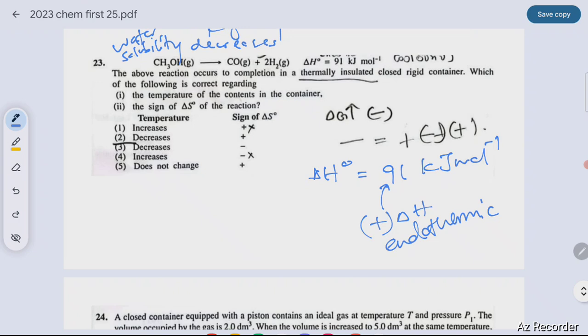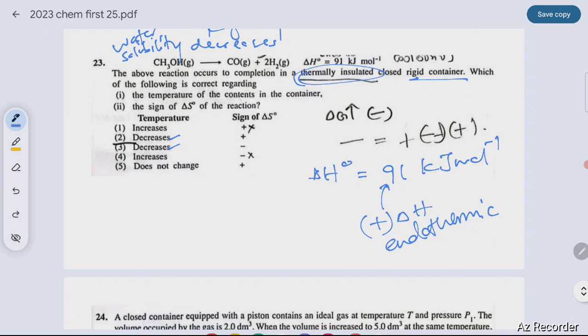They are asking, if the above reaction occurs to completion in a thermally insulated closed rigid container, which of the following is correct regarding the temperature of the contents? The temperature decreases, so you have either the second answer or the third answer. So it can be plus or minus.